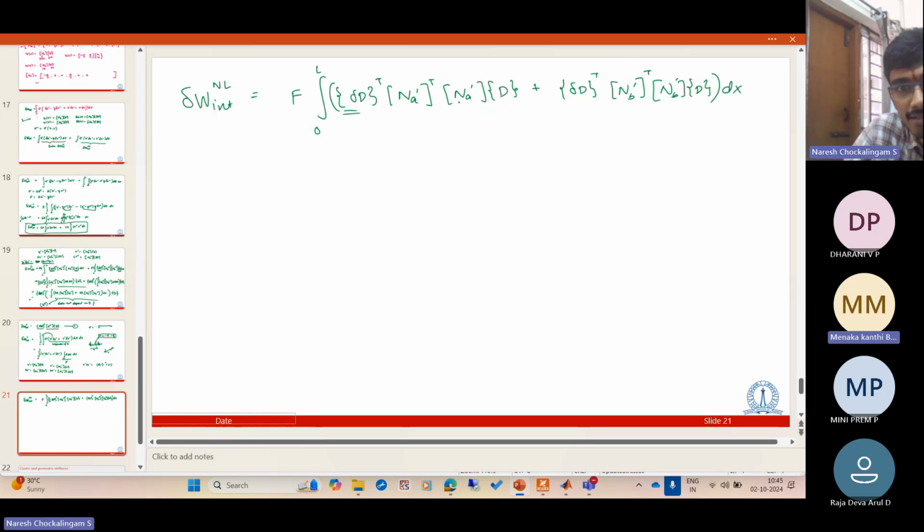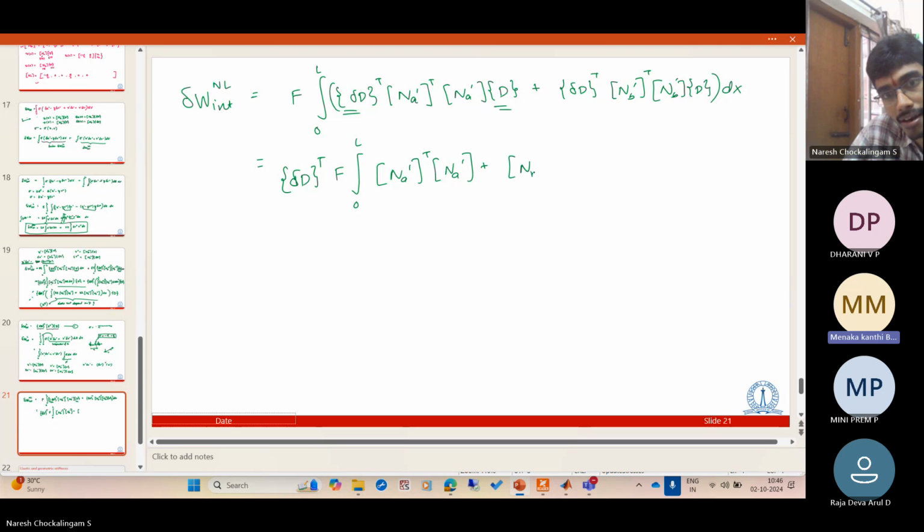Again, del D transpose and D are common in both the terms. Take them out. So we get del D transpose F, integral 0 to L of NA dash transpose NA dash plus NB dash transpose NB dash, integrated over X. This entire thing multiplying D.